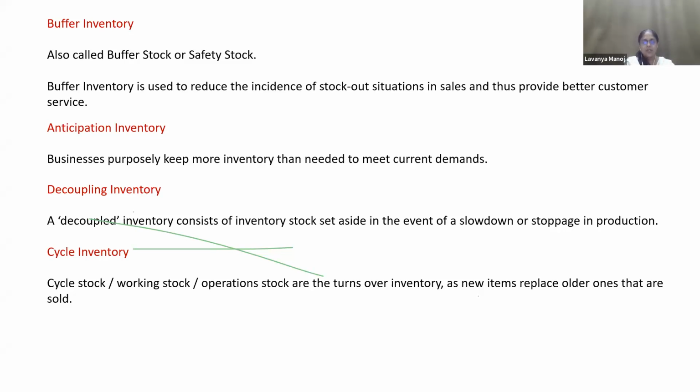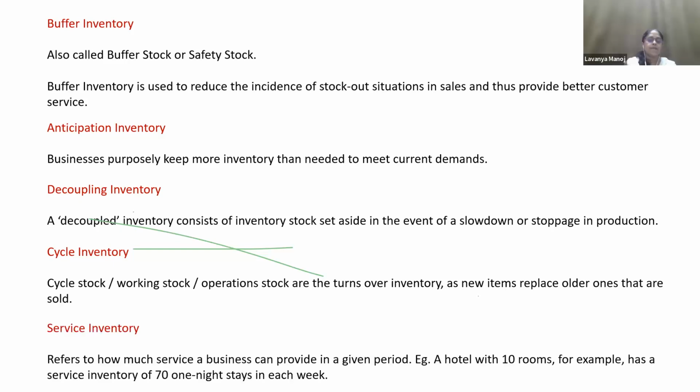If there is a space for 100 units of a particular item on a shelf and 250 or 300 units have been taken out, immediately stockpiling is done, along with the existing stock, 250 or 300 more, so the inventory taken out from the shelf will be filled. That's called cycle inventory.